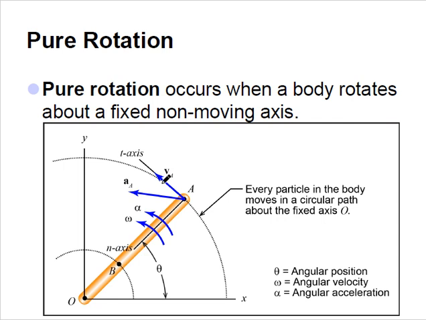So pure rotation, again, your review: the body is going to rotate about a fixed, meaning non-moving, axis. This axis is not moving. Everything else around it is moving, meaning any points in your rigid body will be moving around it, except the center point.